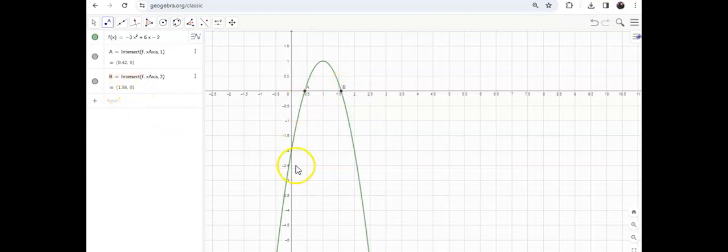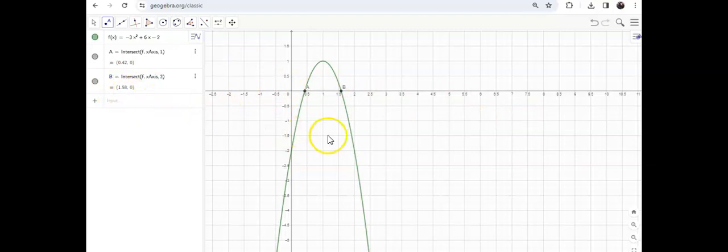So again, the parabola that opens downward intersects the x-axis when y is equal to 0. Okay, so our root is x equal to 1.58. So what is the meaning of a root, or what message does it convey? We can say that the parabola that opens downward intersects the x-axis when the value of x is 1.58.